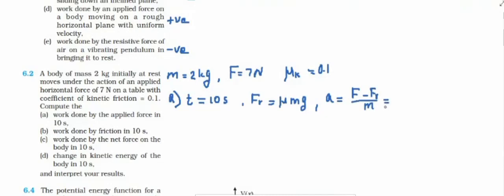Then when you get the acceleration, you can use the formula s is equal to ut plus half at square to find the displacement of the body. The body starts from rest, therefore u is 0. Find the value of s. You will get around 125 or 126.